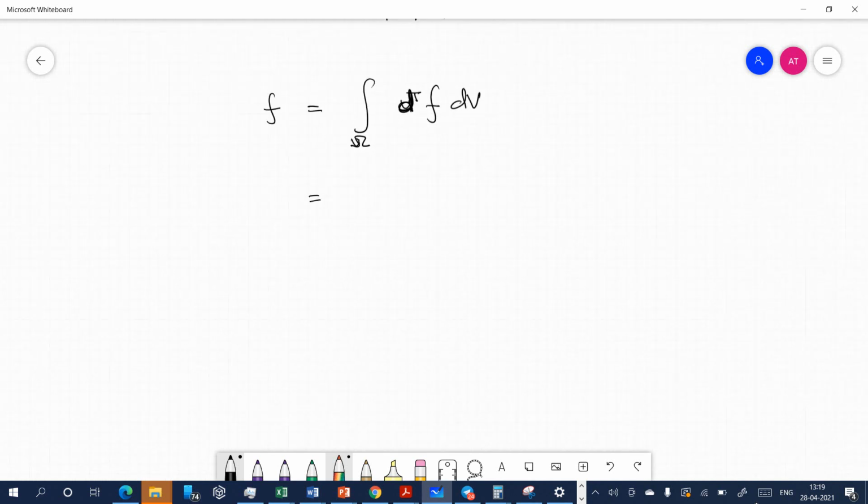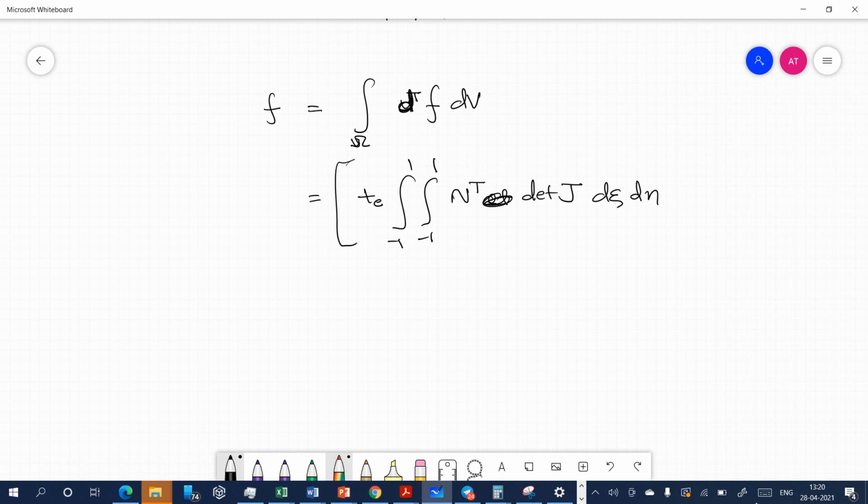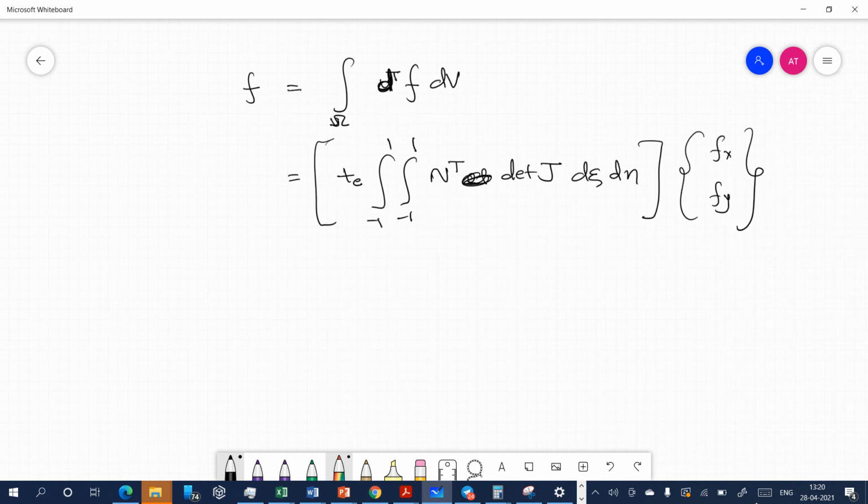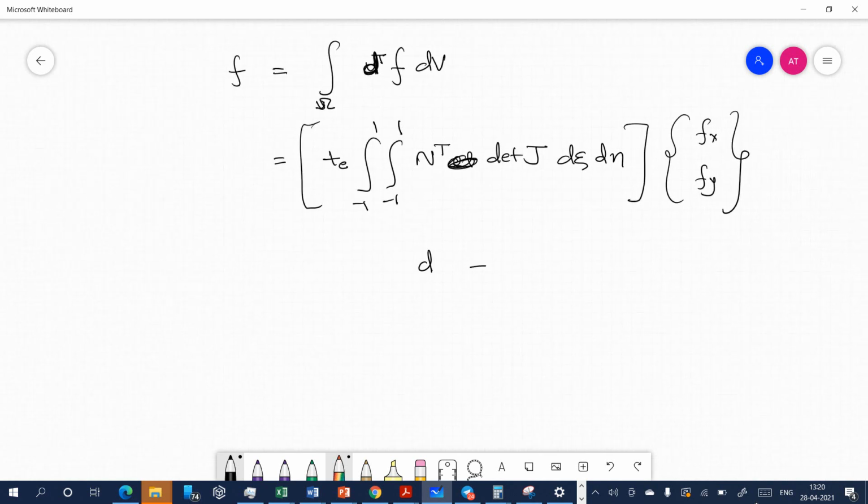So basically it will be the thickness of the element into double integration of N transpose, determinant of Jacobian matrix d zeta d eta, and all this multiplied with the value of body forces in the x direction and y direction, right? How have we done it? Here the simple thing is that u we have changed as N into d.